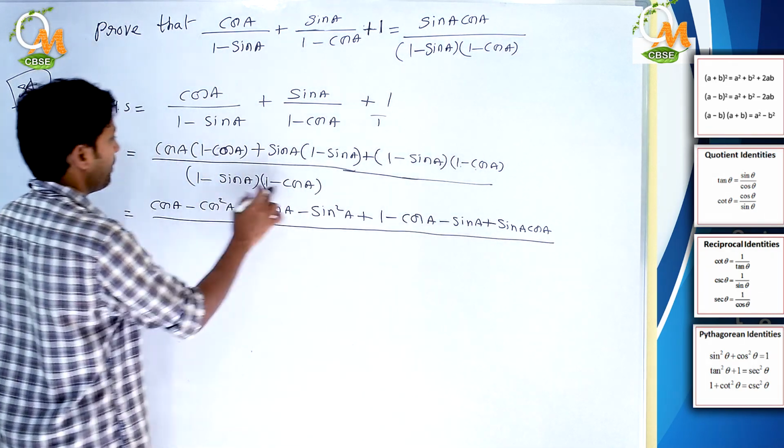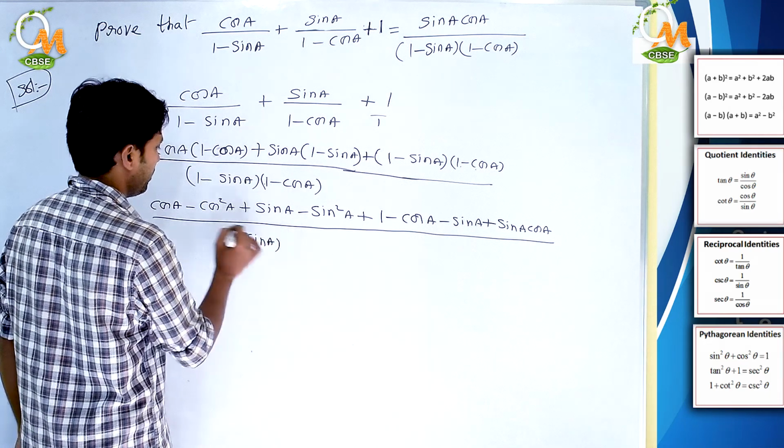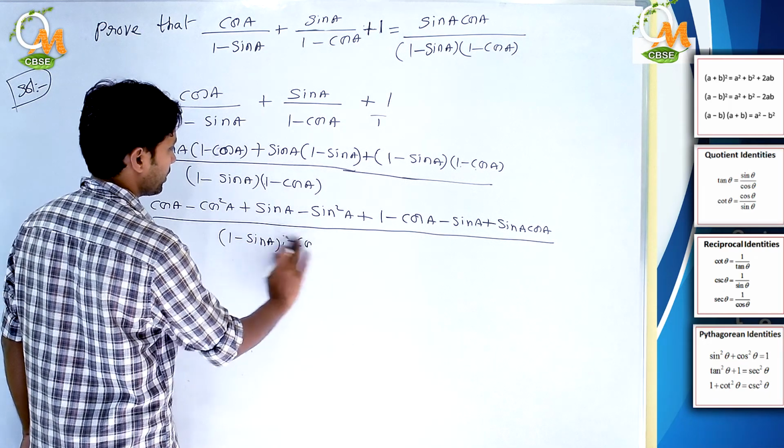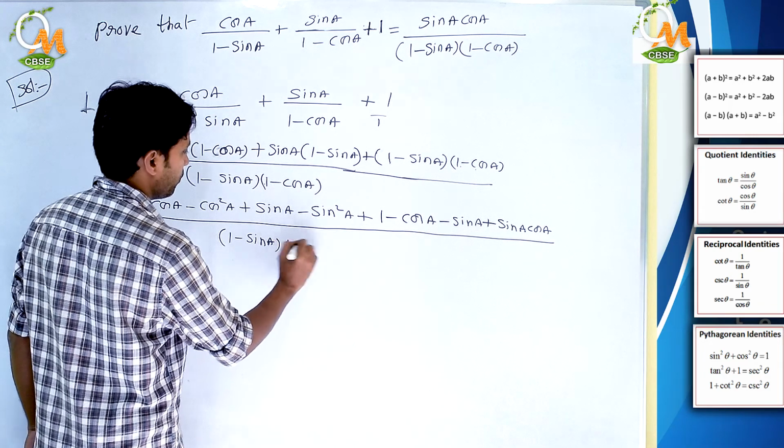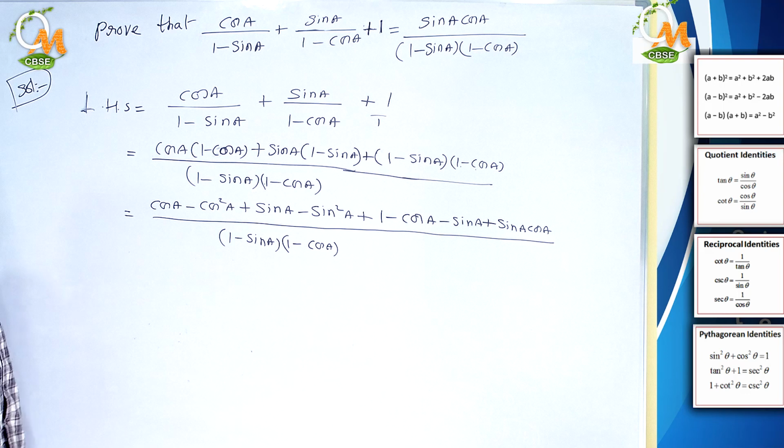In the lower part we get 1 minus sin A into 1 minus cos A.